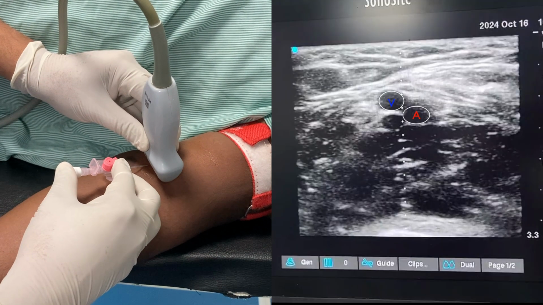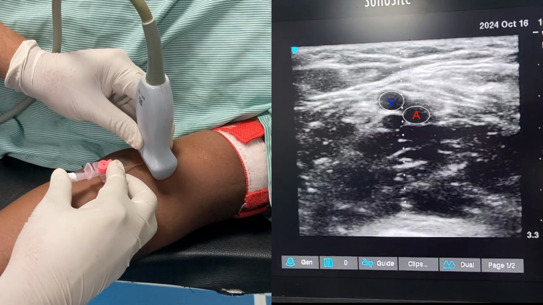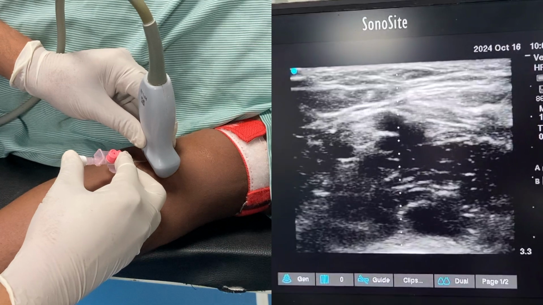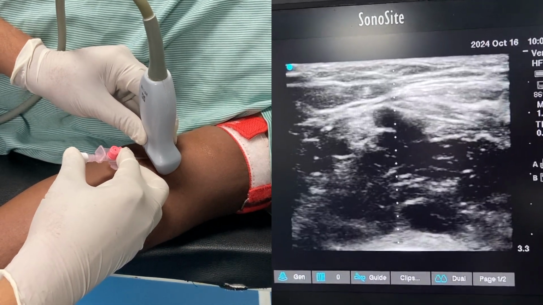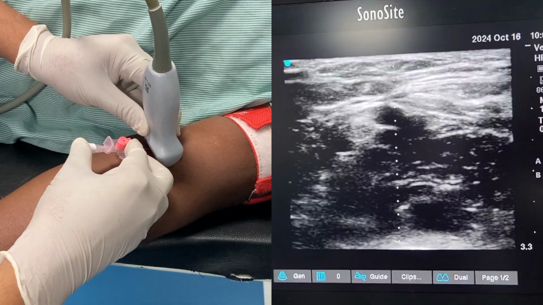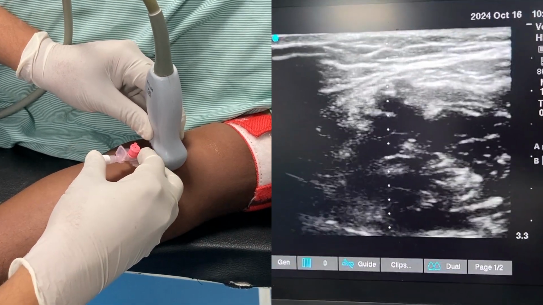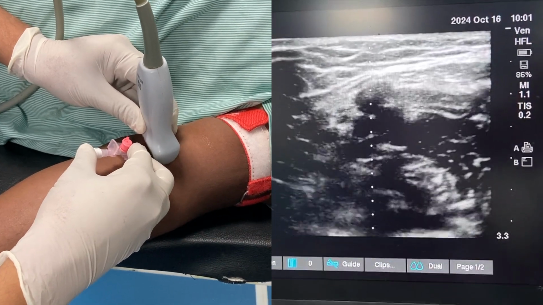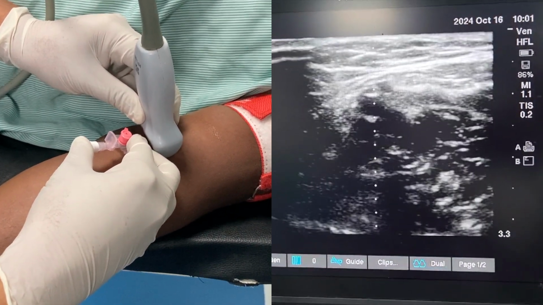Here I am inserting the 20 gauge IV cannula at the angle of 30 degree. So here you can see I am advancing my cannula, visualizing the needle tip, and here you can see my needle tip in the lumen of the vein.